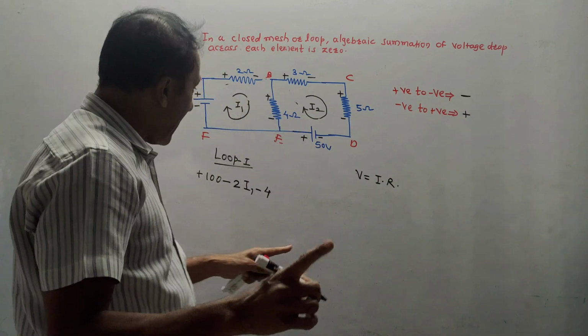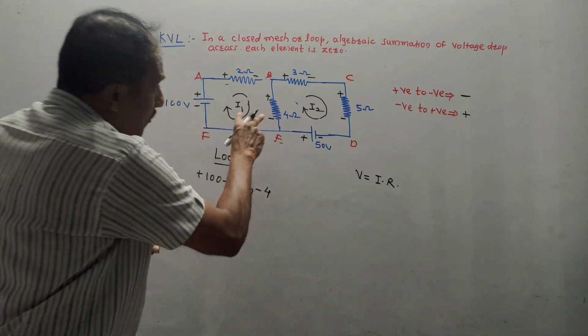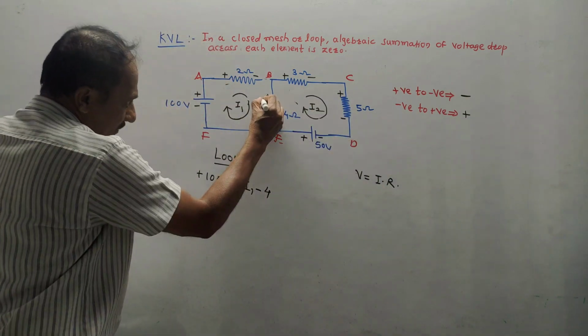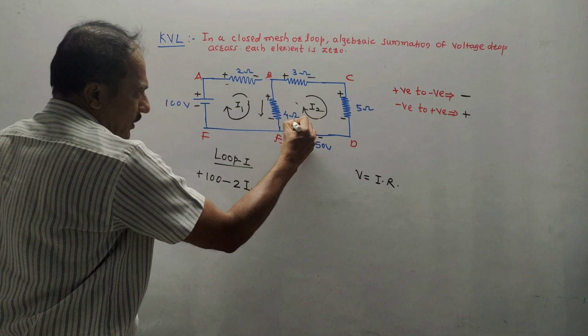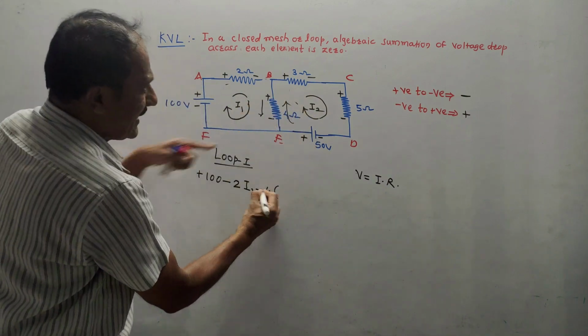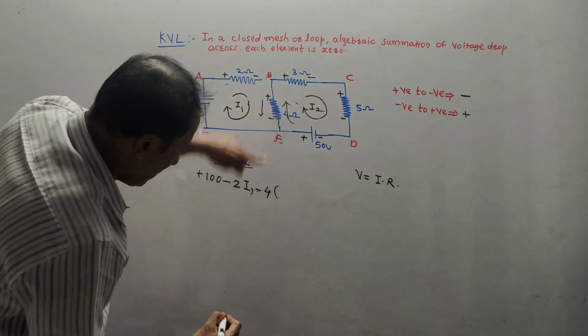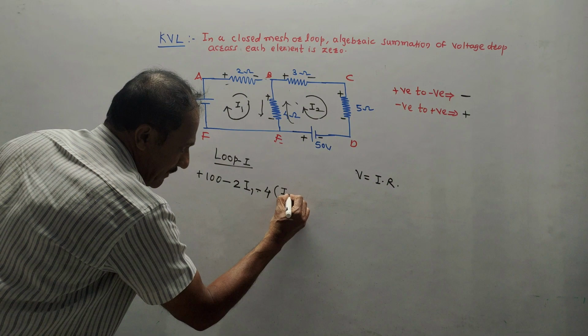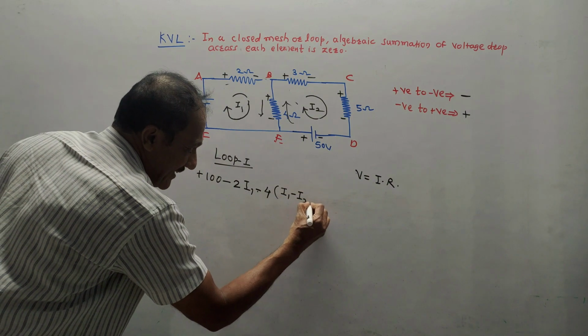Now, very important part. Through 4 ohm, both the currents are flowing, I1 as well as I2, because I1 is flowing in downward direction, I2 is flowing in upward direction. In such a case, first write this minus sign according to this rule, then write the value of resistance. All these things are as in the previous case, but inside the bracket write I1 minus I2.